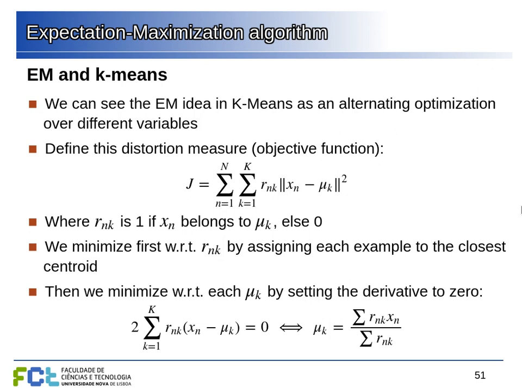So let's suppose that this is our objective function, or the distortion measure, as it's sometimes called in clustering, where we sum for all the clusters the quadratic distance between each point and the centroid of the cluster, but only for the points that belong to the cluster. So this R function here is just a 0 or 1, and it's 1 if point n belongs to cluster K, or 0 otherwise.